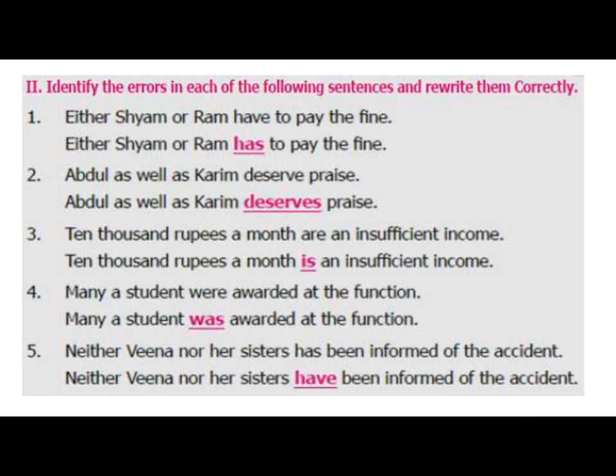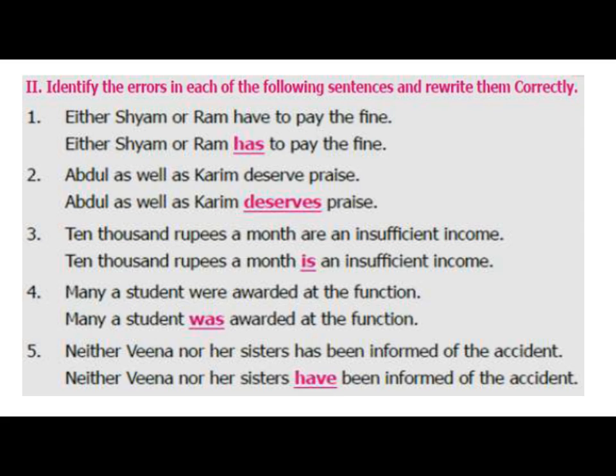Identify the errors in each of the following sentences and rewrite them correctly. Either Shyam or Ram have to pay the fine. Either Shyam or Ram has to pay the fine. Abdul as well as Karim deserve prize. Abdul as well as Karim deserves prize. 10,000 rupees a month are an insufficient income. 10,000 rupees a month is an insufficient income.